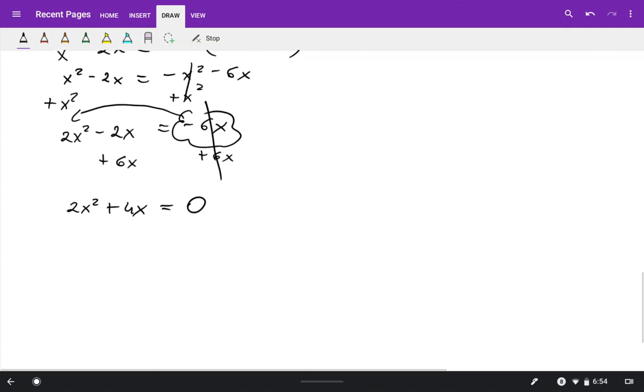So now we're going to solve this quadratic equation. The quadratic equation has the form ax squared plus bx plus c, and since we're missing that constant part, how can you solve it? You can definitely factor GCF, greatest common factor. So the greatest common factor of 2 and 4 is 2.